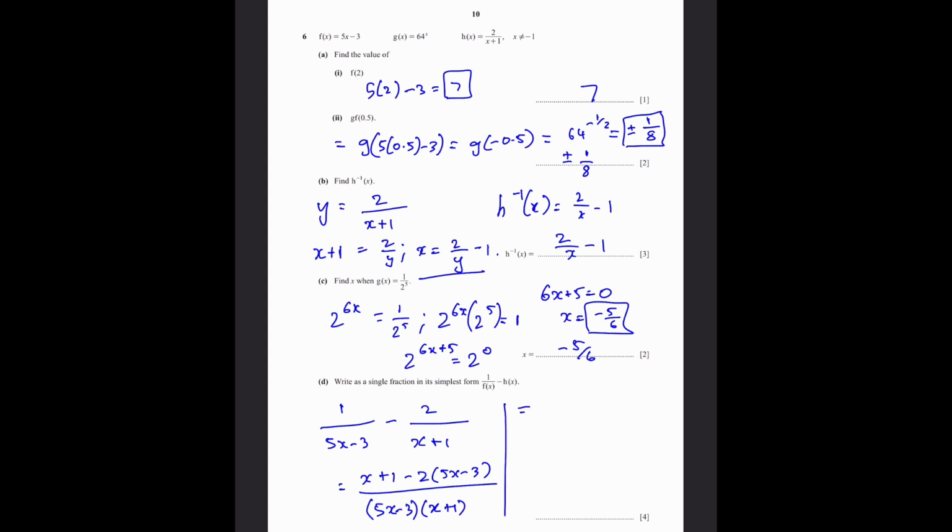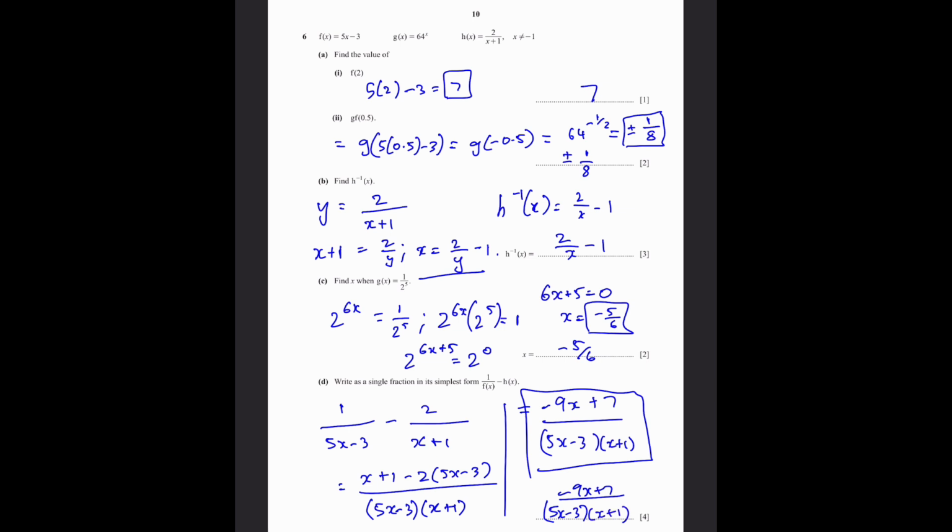And this will simply be minus 9x plus 7 divided by this denominator, 5x minus 3 times x plus 1. So that will be our answer: minus 9x plus 7 divided by 5x minus 3 times x plus 1.